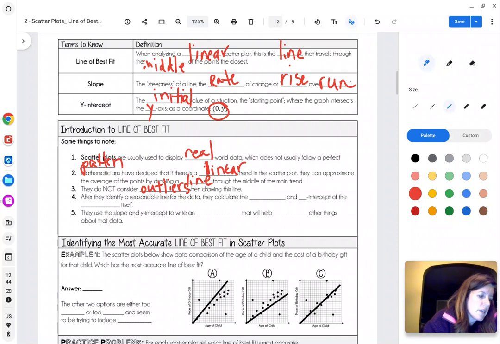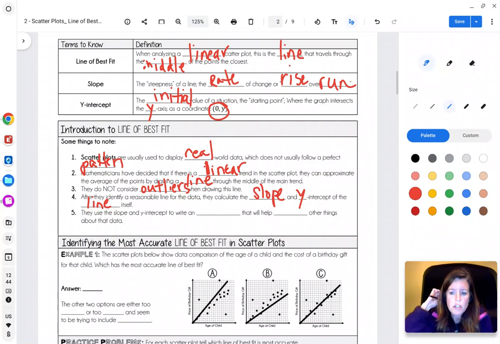And the next, after they identify a reasonable line for the data, they calculate the slope and the y-intercept of the line itself. So after making that line, we can find the rise over run and find our slope, and then look at that y-intercept, and then we can make our line. That's what we just did.